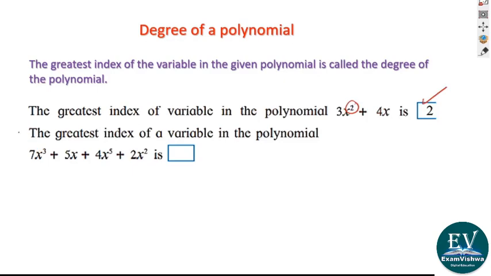If you take the second example, 7x cube, 5x, 4x raised to the 5, and 2x square, 5 is the greatest index. The greatest index of the variable in the given polynomial is the degree of that polynomial. Very simple, but you should know that.